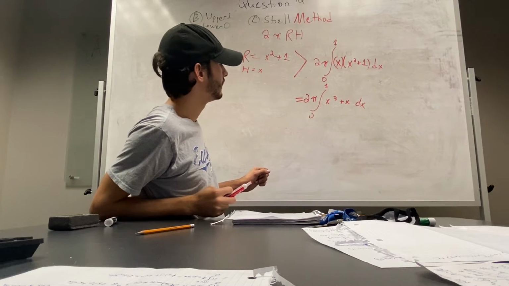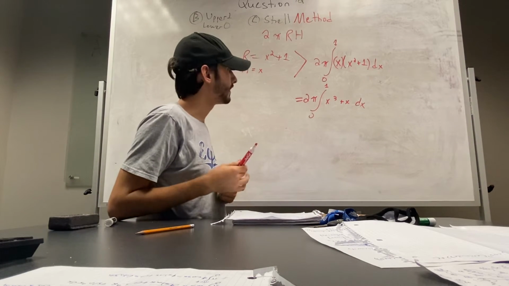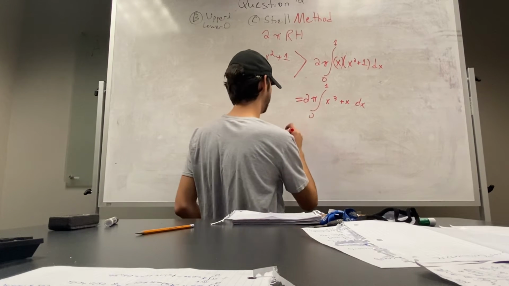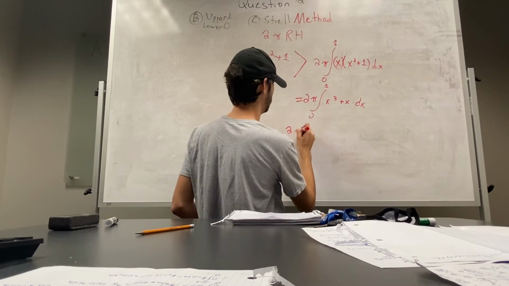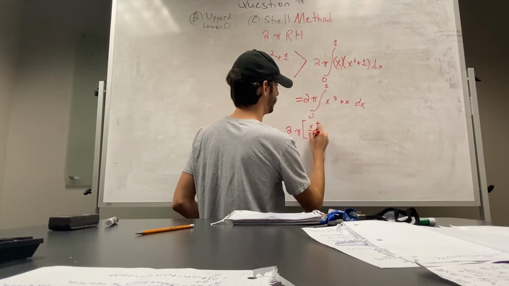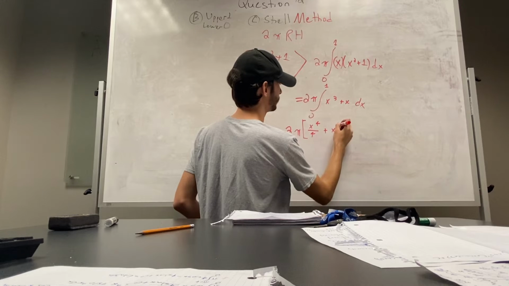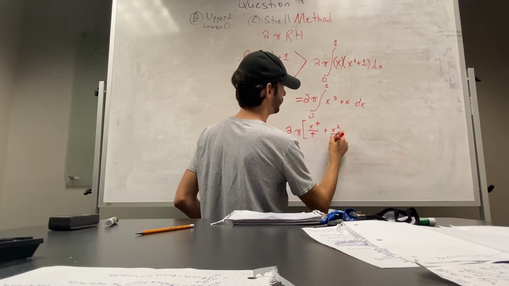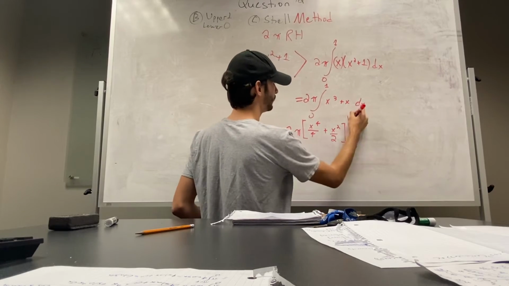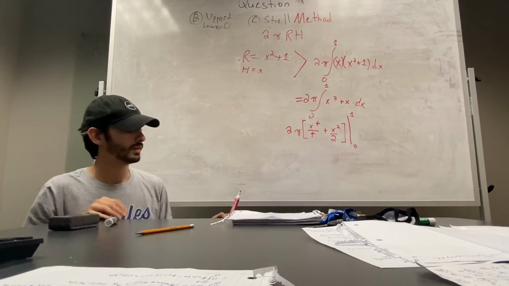That looks pretty easy. All we have to do now is integrate it. So we're going to have 2 pi times x to the fourth over 4 plus x squared over 2, from the lower limit of 0 to the upper limit of 1.